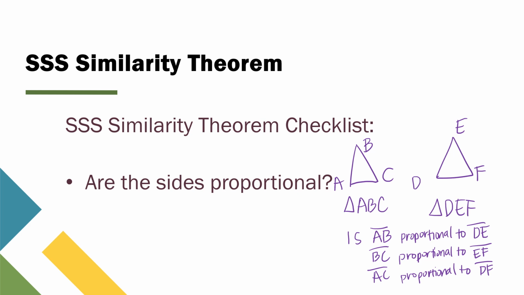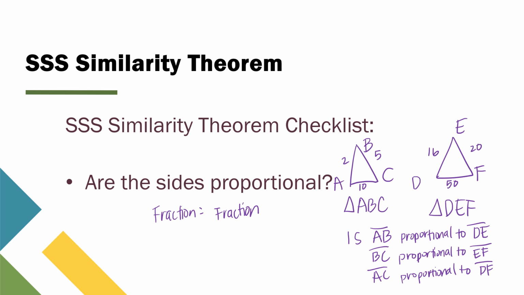All right, so basically you're just checking to see, are all those sides proportional to each other? And the way that we did that was we set up proportions. Proportions are where you have a fraction equal to a fraction. And the way that I was doing it, let's say that this was 2, 5, 10, and this was 16, 20, 50. I totally just made those up on the fly. These are probably not proportional. But the way you would do that is I always did the triangle on the left became the numerator, the triangle on the right became the denominator.